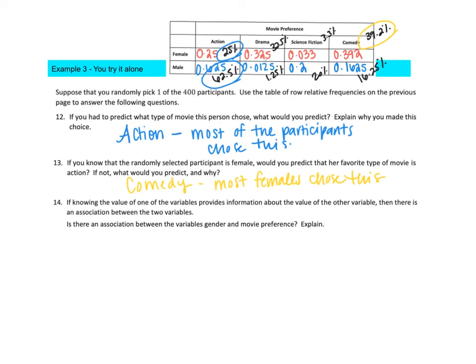14, if knowing the value of one of the variables provides information about the value of the other variable, then there's an association. So, did our answer change based on the gender here? Yes. And so, is there an association between these two data points? Yes. There is an association.